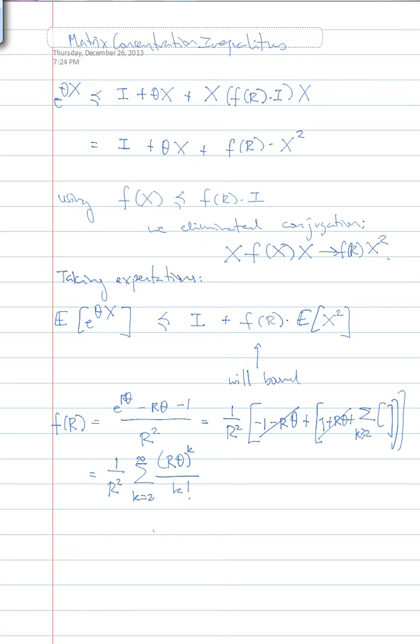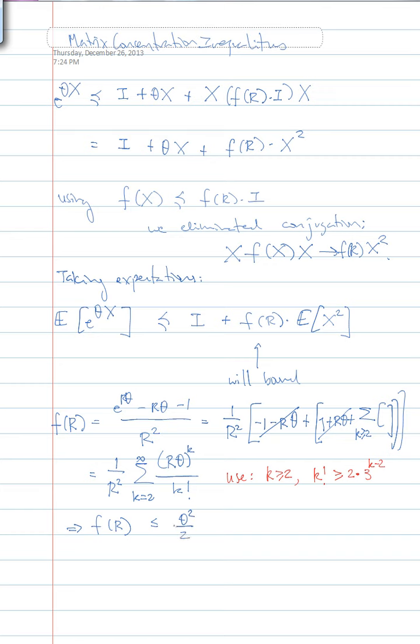So now let us use the bound that for k bigger than or equal to 2, k factorial is bigger than 2 times 3 to the k minus 2. You can check that this is indeed true. Using this tells me that f of r is less than or equal to theta squared over 2 times a geometric series.